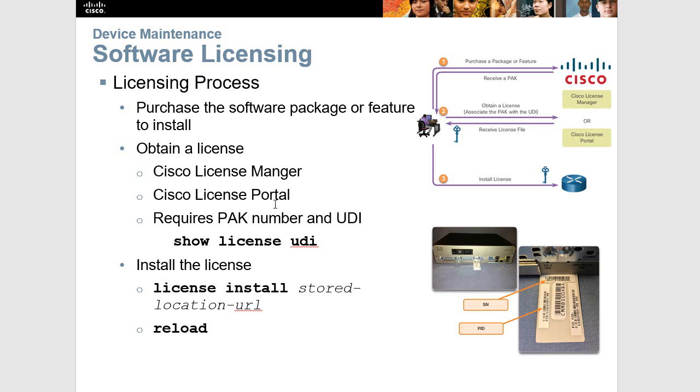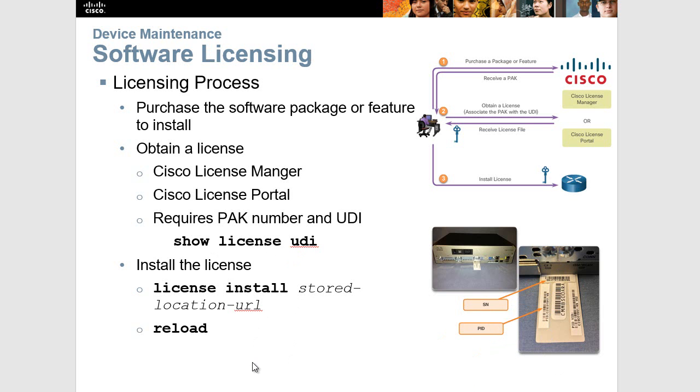To obtain that license, you're going to need the UDI. That's a combination of the serial number and the PID, product ID, on your device. You can find that on a card within the device, or if you do a show license udi, you will find that information in the command line of your device as well.